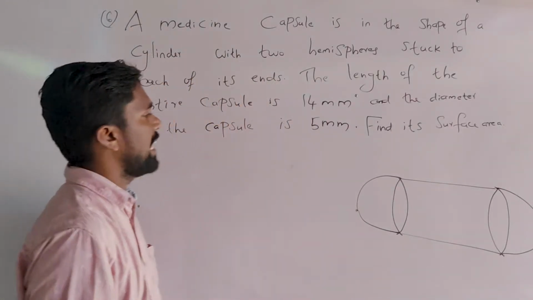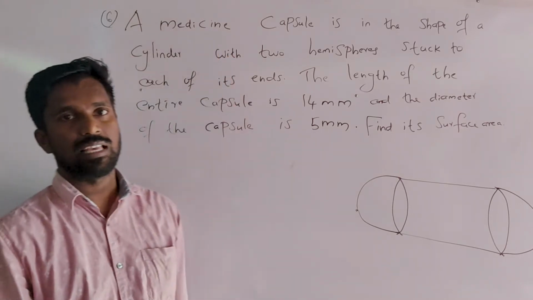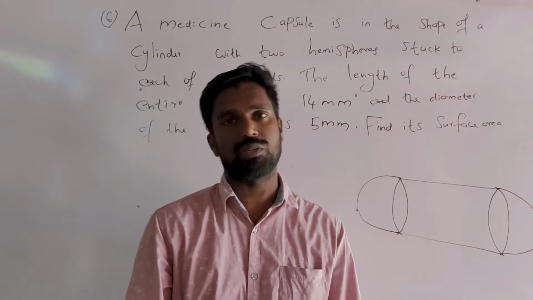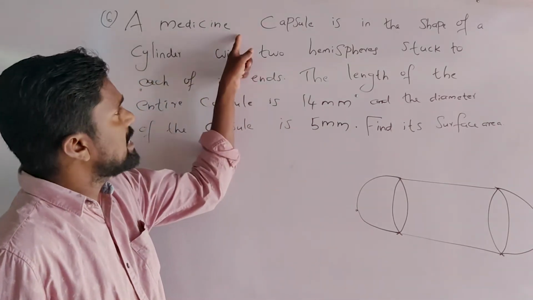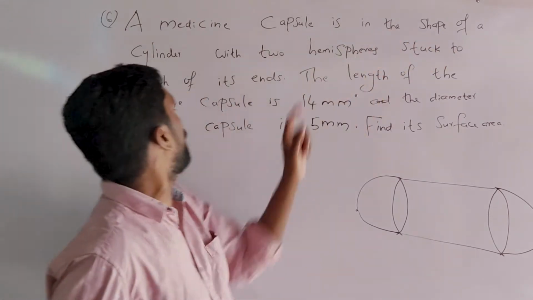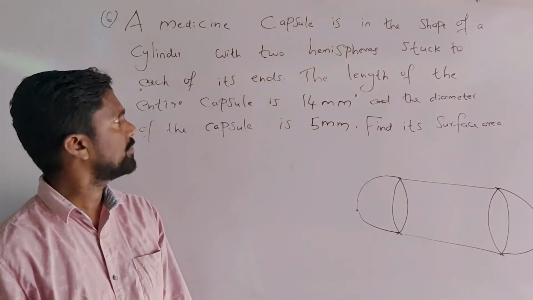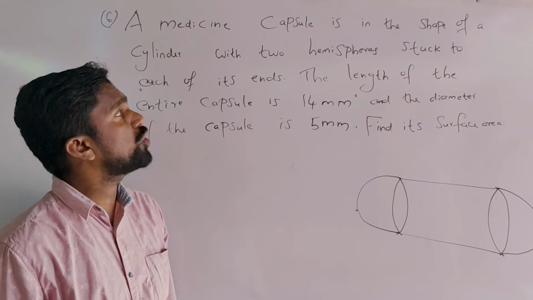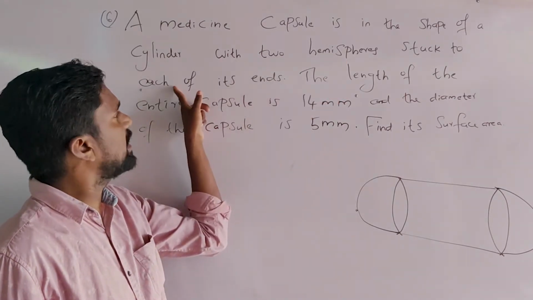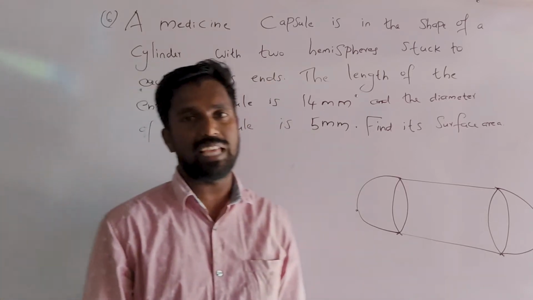Welcome back. Next we are going to discuss exercise 13.1, question number 6. A medicine capsule is in the shape of a cylinder with 2 hemispheres stuck to each of its ends.